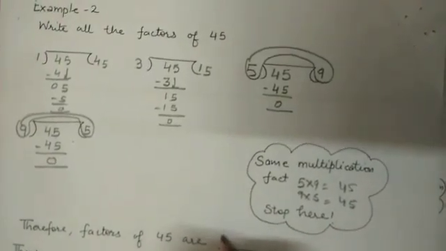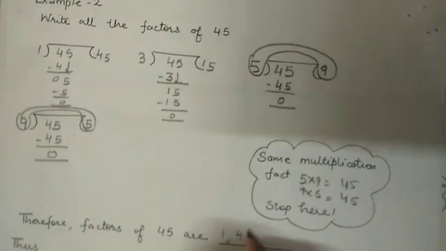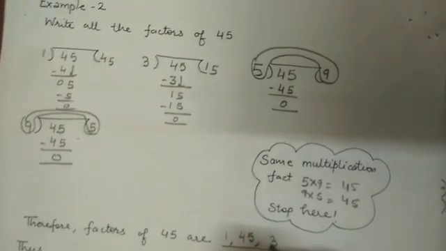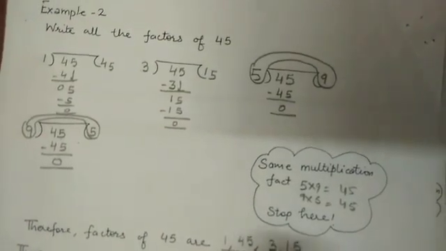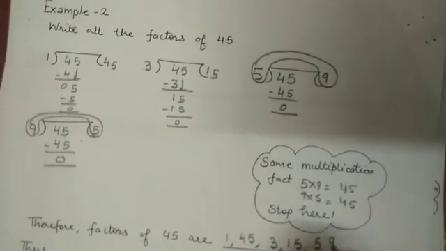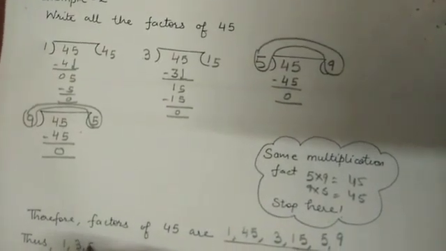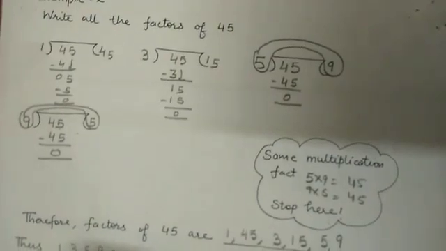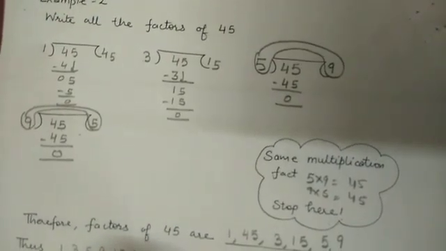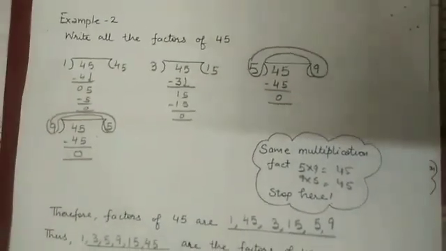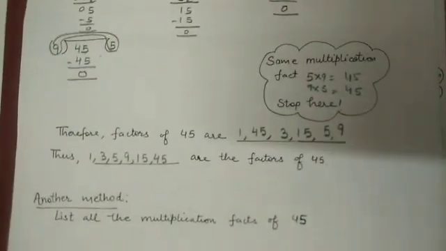Therefore, the factors of 45 are 1, 45, 3, 15, 5, 9. Thus, 1, 3, 5, 9, 15, 45 are the factors of 45.